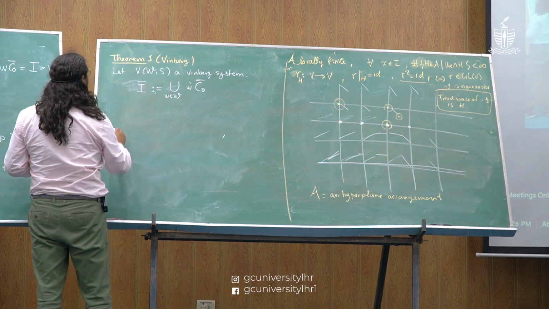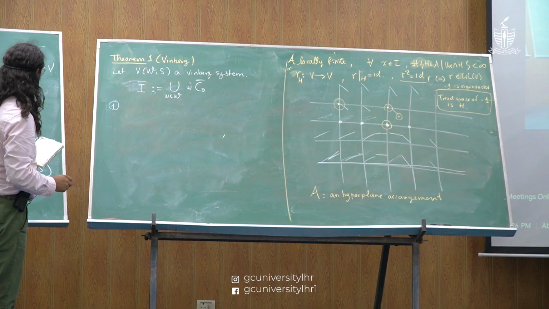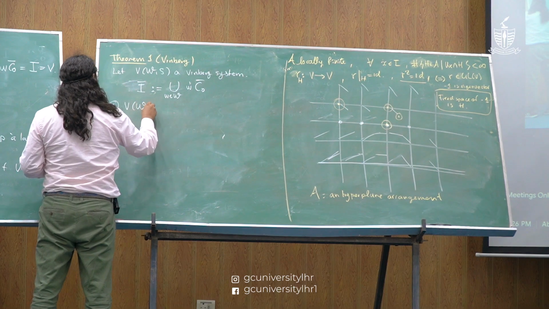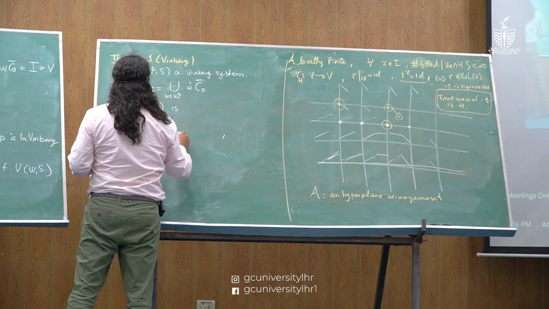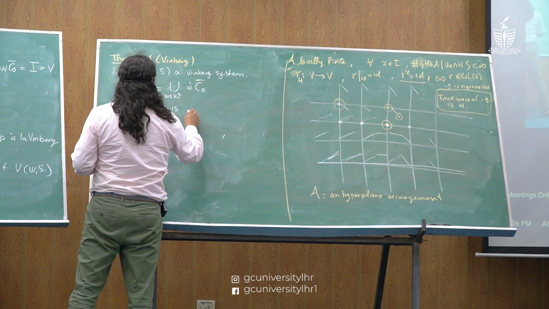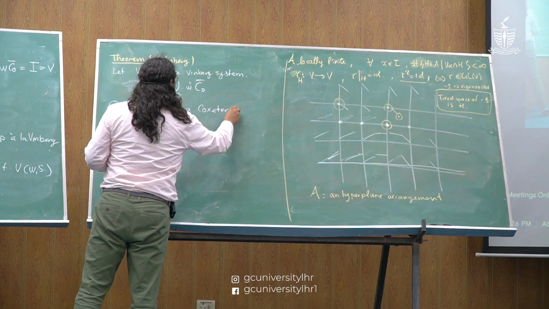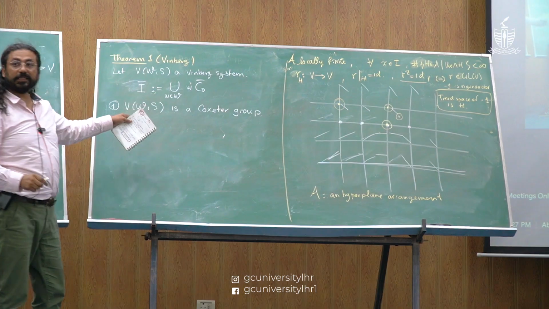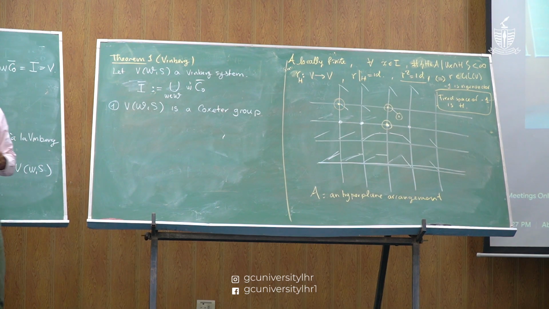Then the first thing is that BWS is a Coxeter group, meaning that it has a presentation like the one that I erased here, right?